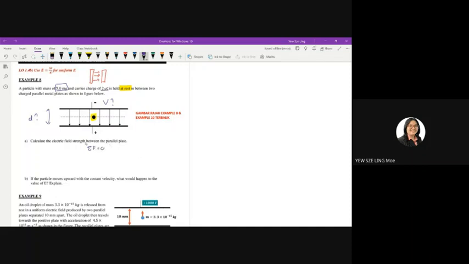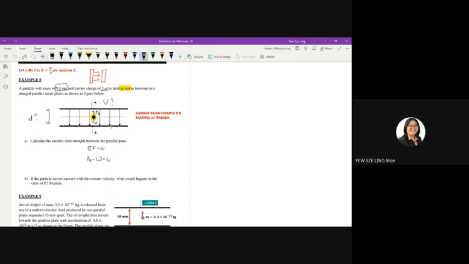So now we try to link this concept to the diagram. If it is stationary and you have a charge, we know that this charge comes with a non-negligible weight that you need to take into consideration. But the reason why it remains at rest is that there's another force acting in the opposite direction, and obviously this would be our electric force. So Fe minus W equals 0.